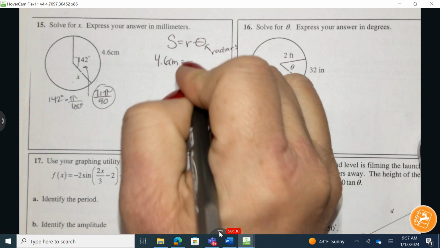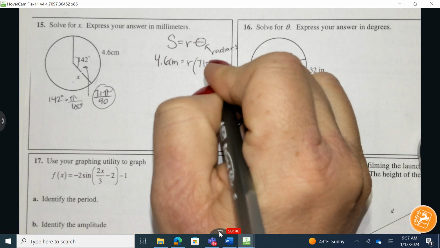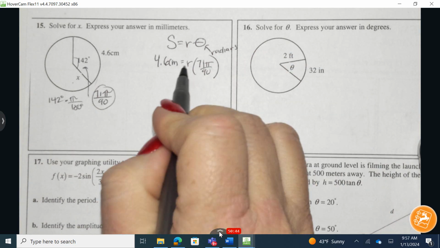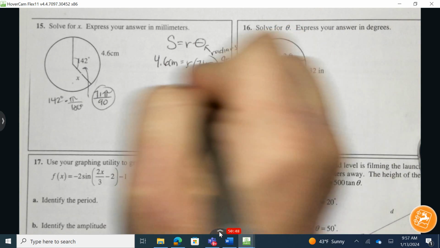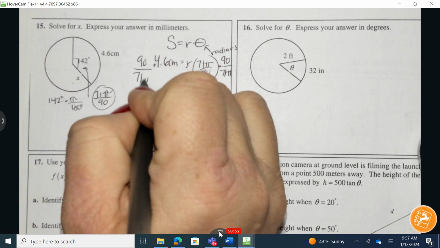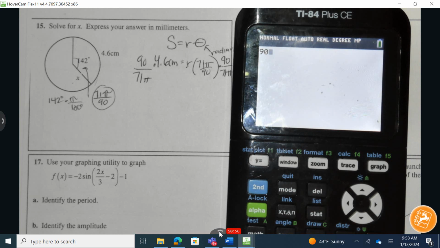I don't know the radius, and I know the interior angle is 71 pi over 90. Now, how do I solve for the radius? I'm going to multiply by the reciprocal, 90 over 71 pi. Okay, here we go. 90 times 4.6 divided by 71 pi.